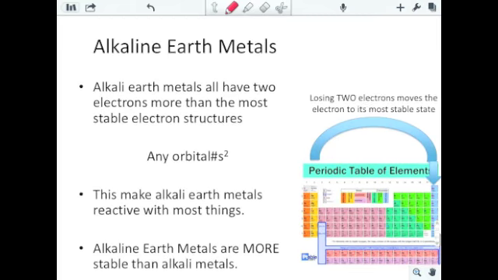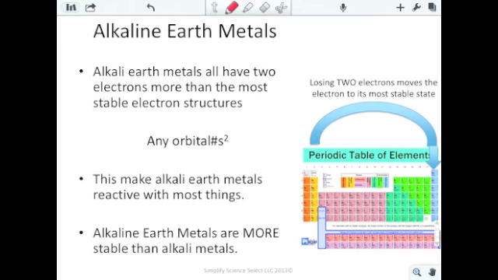Now when we look at the alkaline earth metals, they end with s2. So sodium was 1s2, 2s2, 2p6, and then 3s1. Right next to it, magnesium, our alkaline earth metal, is just 3s2.